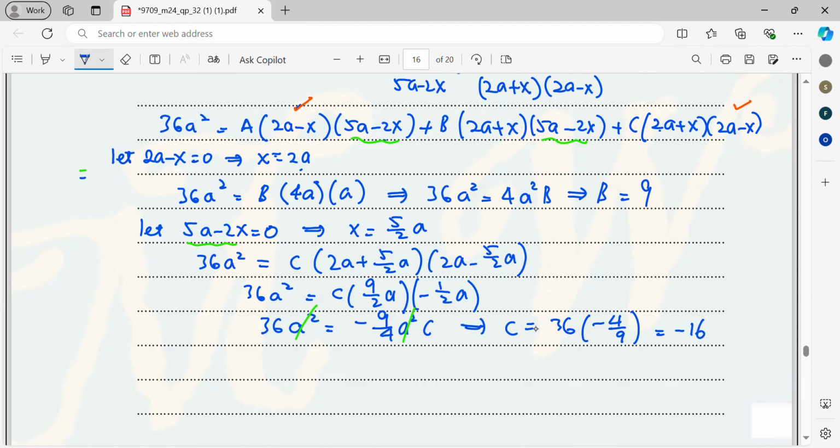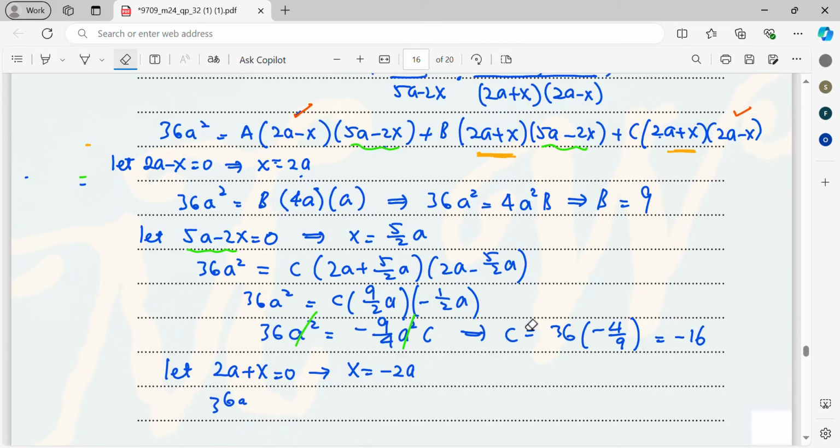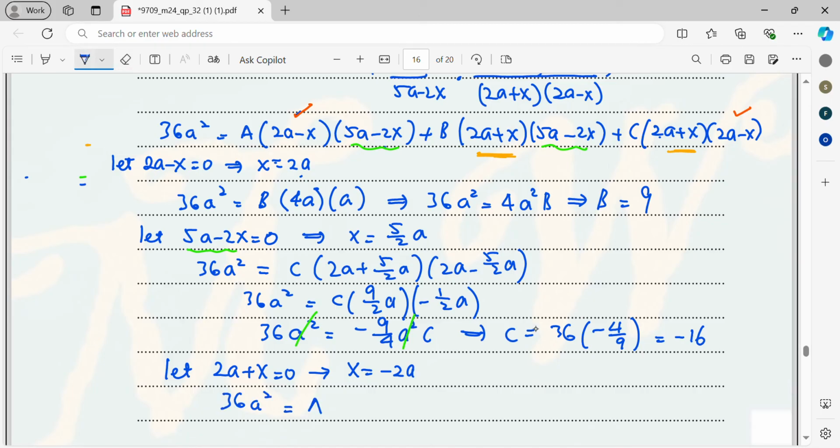Okay, lastly, you let this 2a plus x be 0. That means my x is negative 2a. So obviously I'm going to find the capital letter A now. 36a squared equals capital letter A. So 2a minus x will be 4a. 5a minus 2 bracket 2a, that means this is 9a.